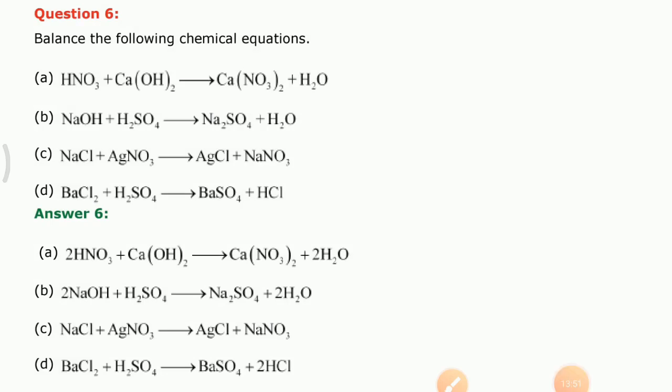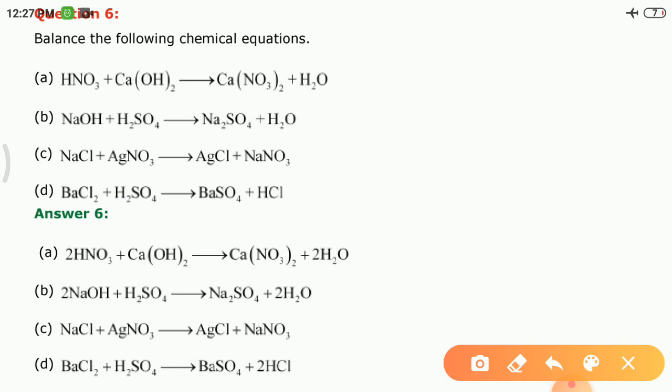Question number 6 is: balance the following chemical equations. A. HNO3 plus calcium hydroxide Ca(OH)2 gives calcium nitrate plus H2O. Here in this equation we can observe that after the reaction the formula of calcium nitrate is Ca(NO3)2.